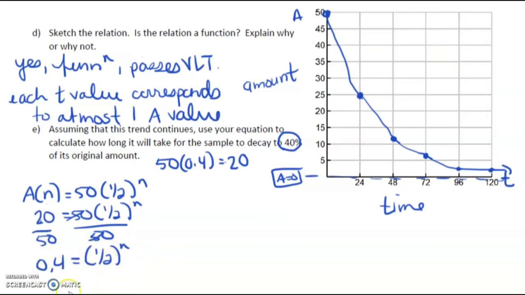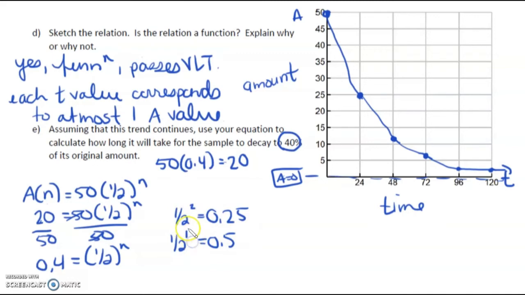At this point, we need to determine 1/2 to what number equals 0.4. If we do 1/2 squared, we get 0.25, right? Well, what about 1/2 to the 1? Well, we get 0.5.